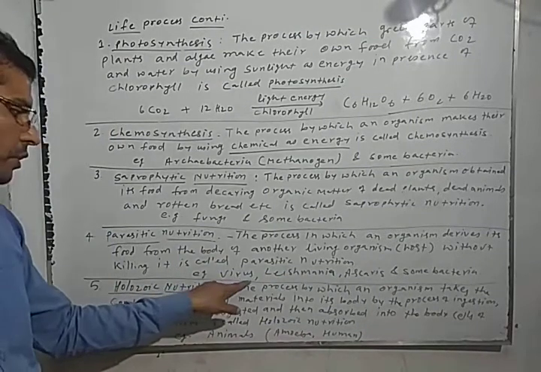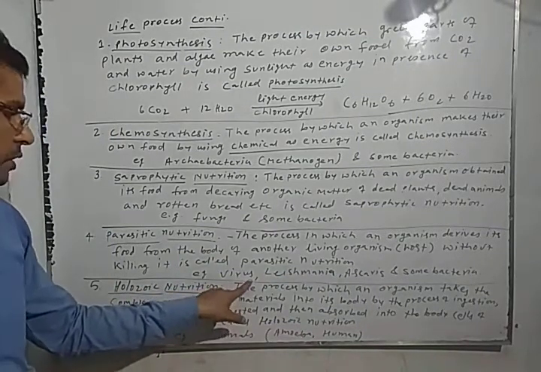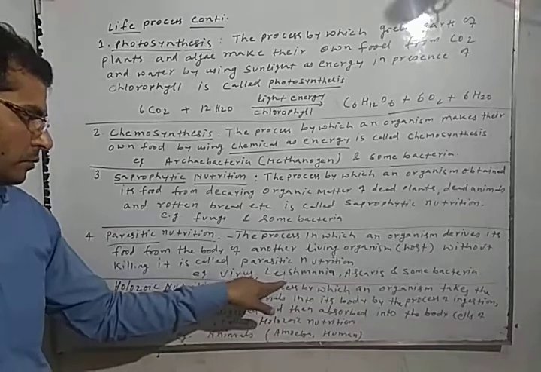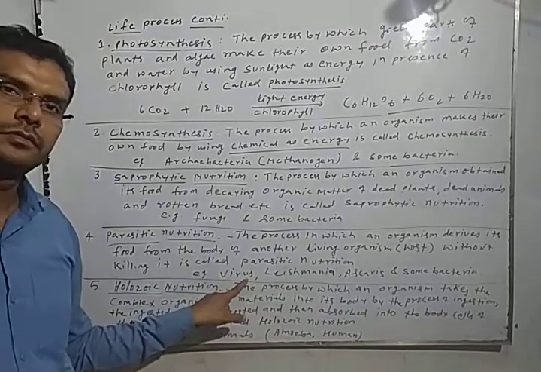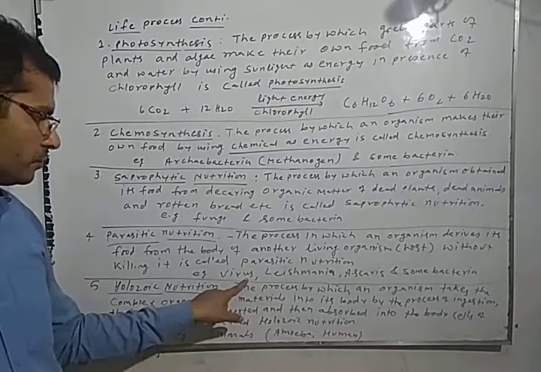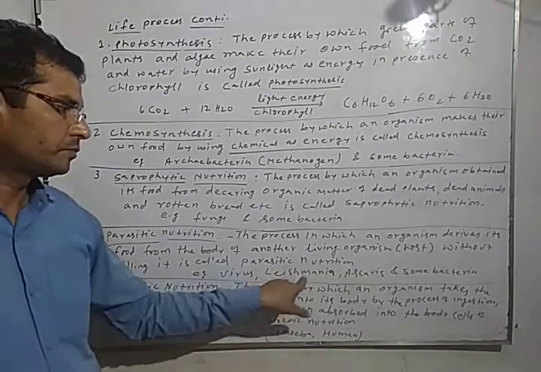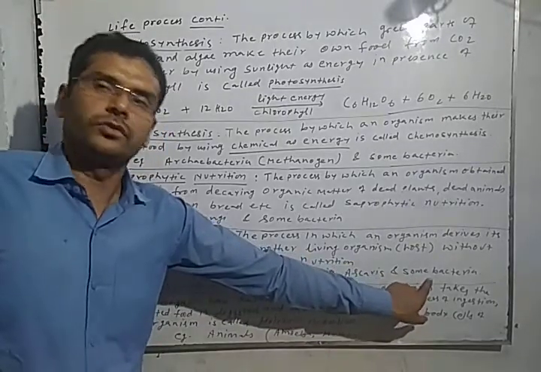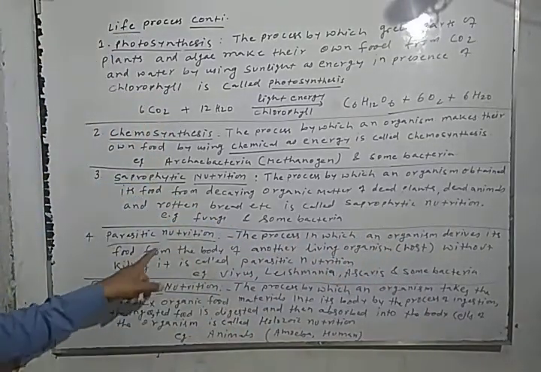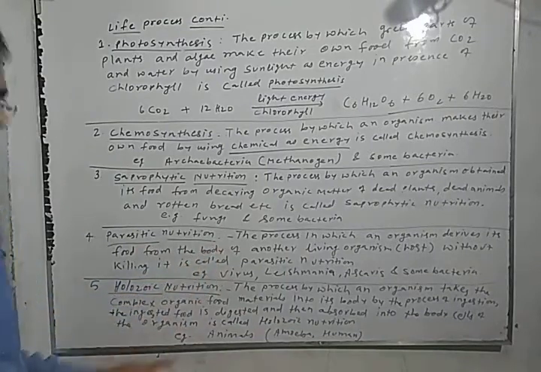Examples of parasitic organisms: virus. Right now, the most famous virus is coronavirus. Leishmania, Ascaris, and some bacteria are also included in the parasitic mode of nutrition.